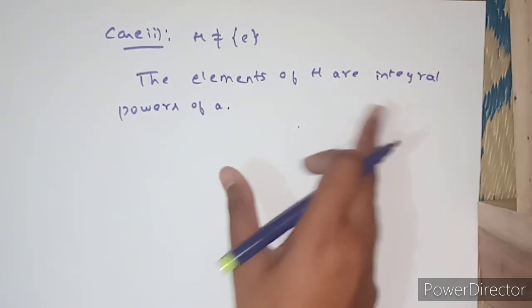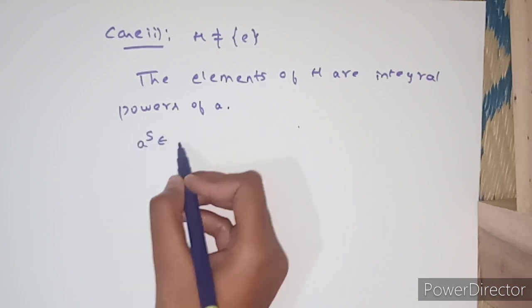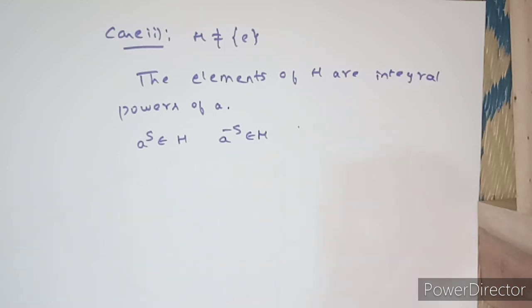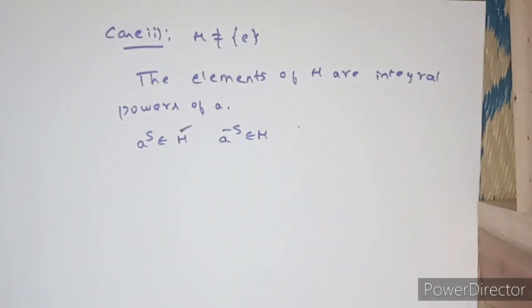Now, if they are integral powers of a, then if a^s belongs to H, then a^-s also belongs to H. How is this? Since H is a subgroup, first of all, what do we mean by a subgroup? A subgroup is nothing but a subset which should satisfy all the properties of a group, right?